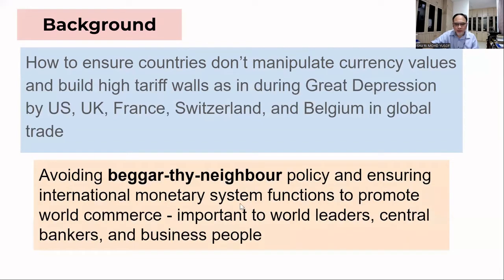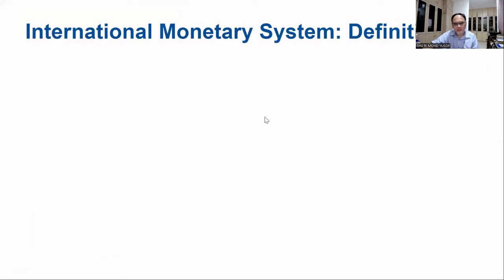And also ensuring the international money system functions to promote world commerce, because this is important to world leaders, central bankers, business people, and also the people of the world. So it is very important that we have an accepted international money system working. Everybody believes in it. All countries believe in it.